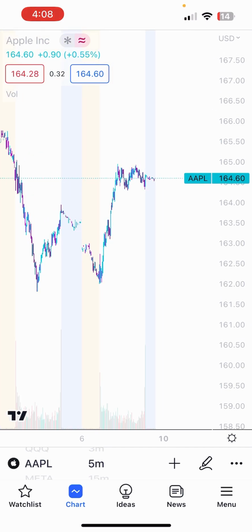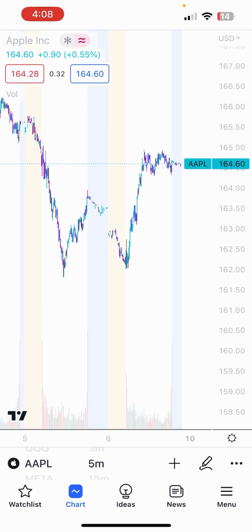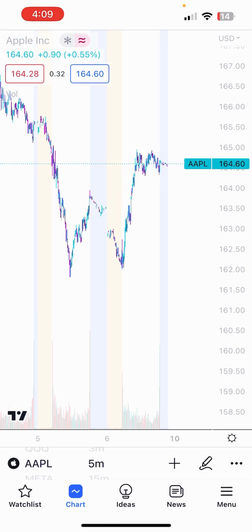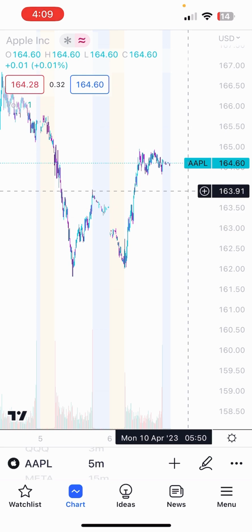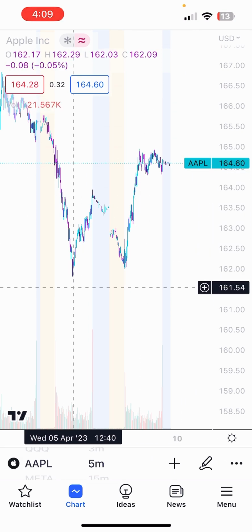So you want to identify the neckline. The neckline in this case is right there.